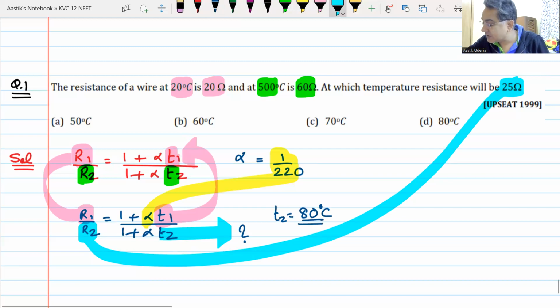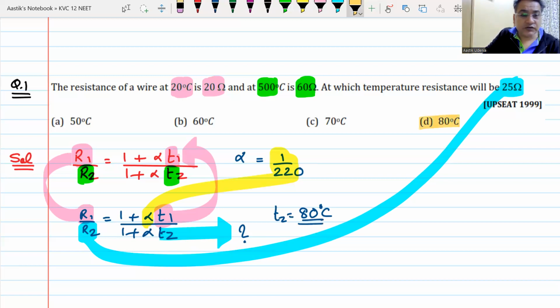So that is the answer for this one. I'll give you 2 minutes to note it down. I hope everyone has understood this. So we have done this question.